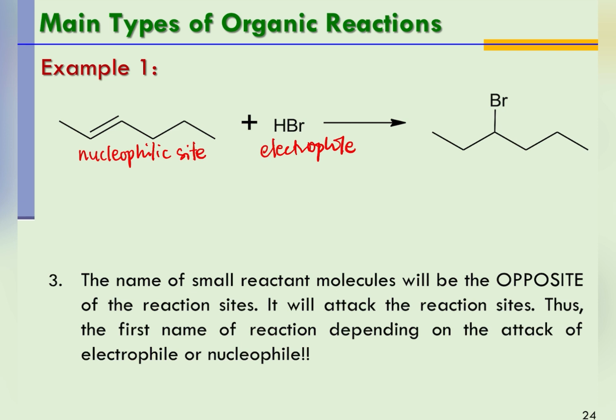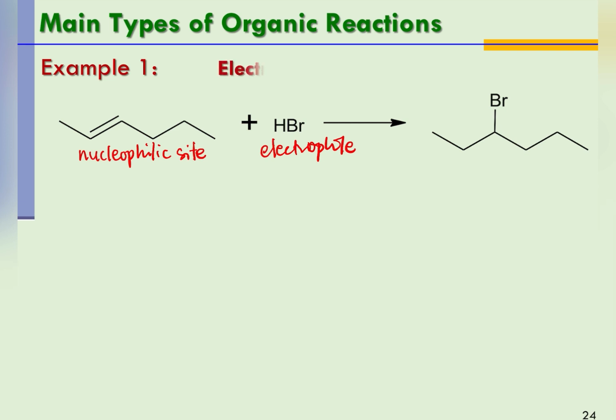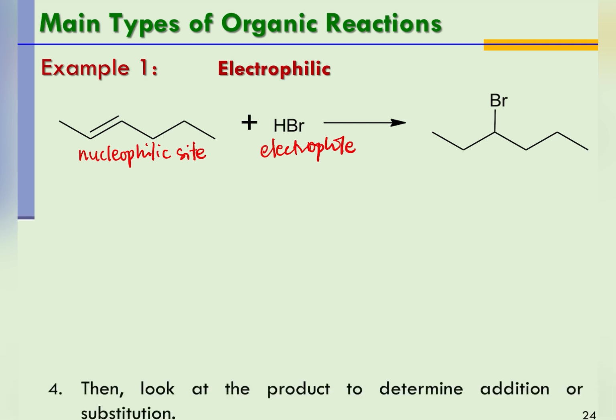Then you can see the first name of the reaction depends on the attack of electrophile or nucleophile. So now, due to HBr being the attacker, the specific name will start with electrophilic. And last step, step number 4, take a look at the product to determine whether this reaction is addition or substitution.